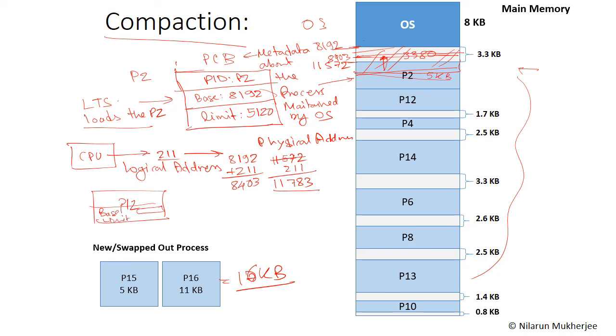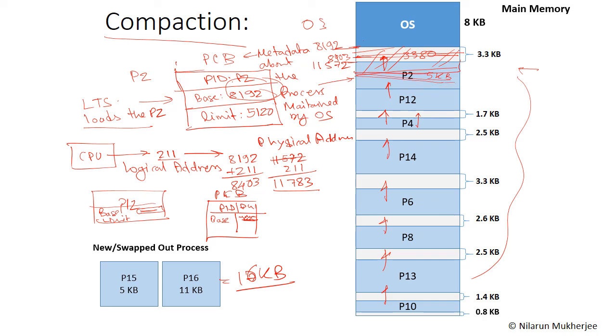Similarly, when we shift P12, it will also have a base and limit. If we don't forget to change its base value, it can be shifted. When we shift P4, P4 will also have a PCB with a base value. If we erase that and write a new value, P4 can shift.